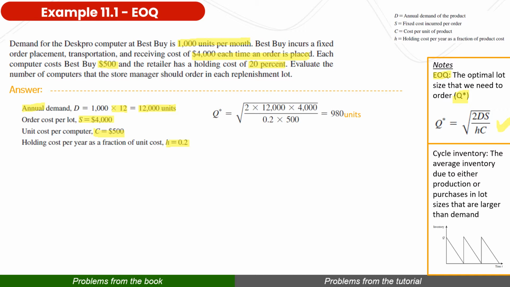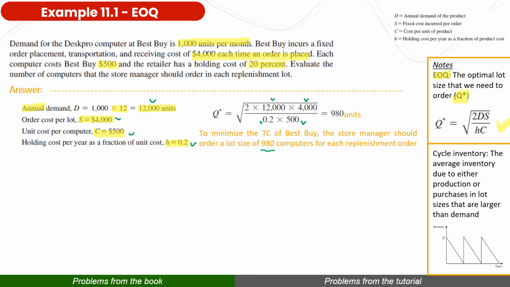So the root of 2 times the demand, that is 12,000 units per year, times the order cost, that is 4,000, divided by the fraction of holding cost, that is 0.2, times the unit cost, that is 500, and we got 980 units. So to minimize the total cost of Best Buy, the store manager should order a lot size of 980 computers for each replenishment order.